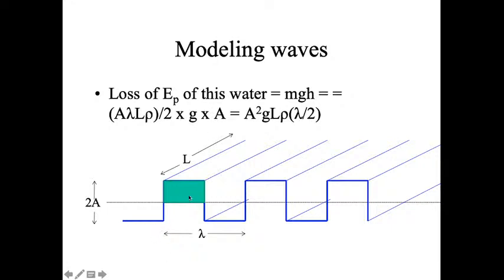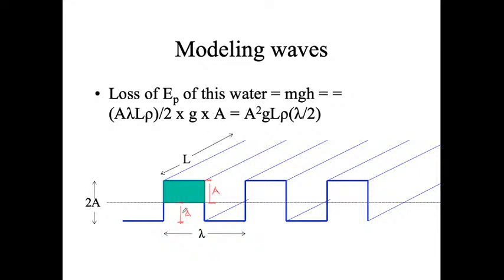We'll use this approximation that it's at a height of A above, I guess, yes, because this bottom section of the wave is still going to travel the full length A, just as the top will travel the full length A until they become flat again and have no more gravitational potential energy.